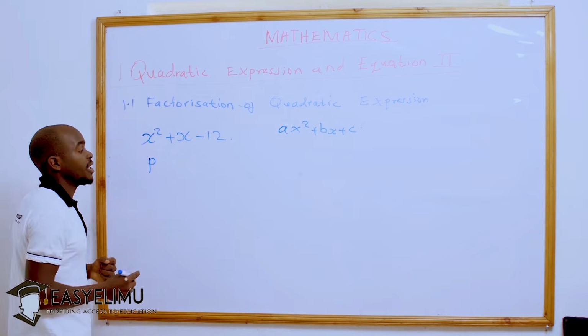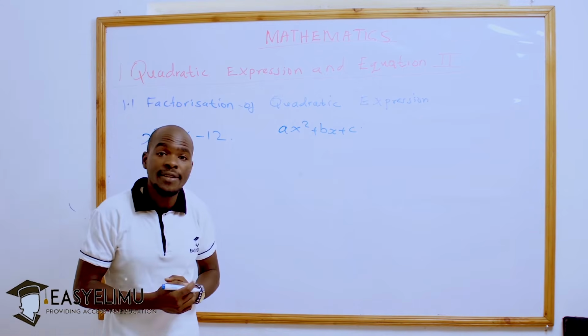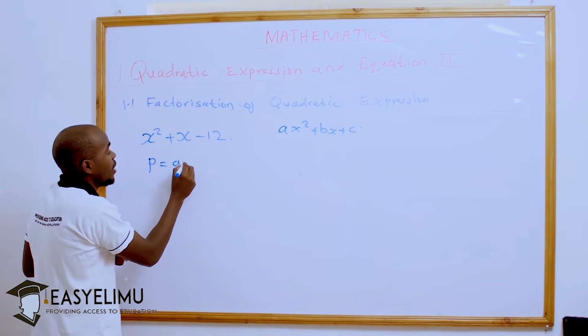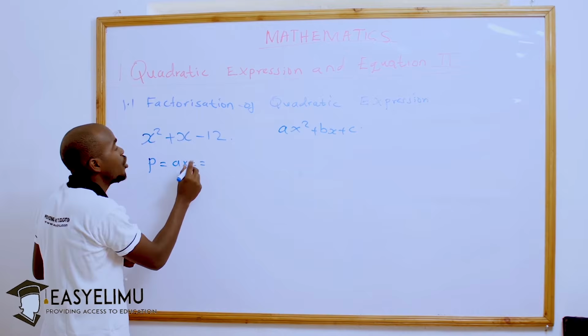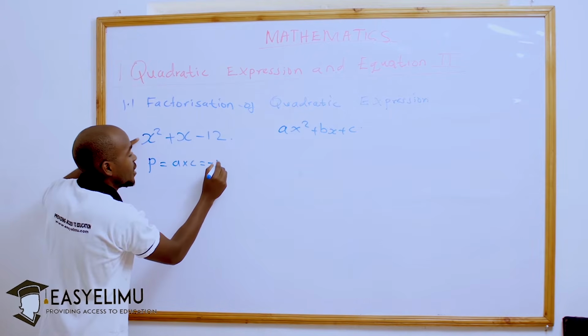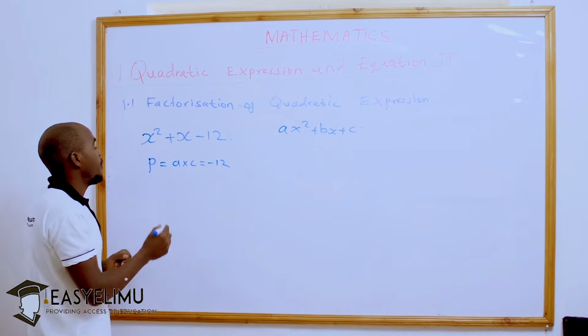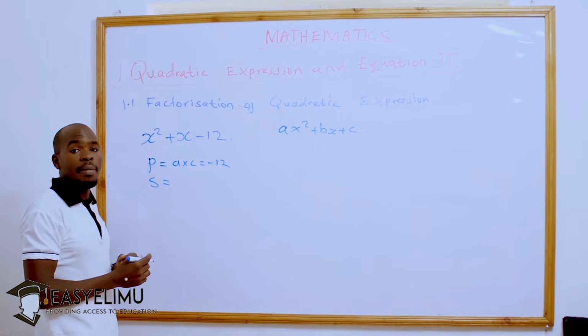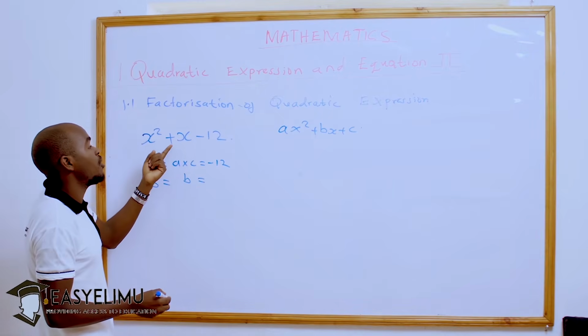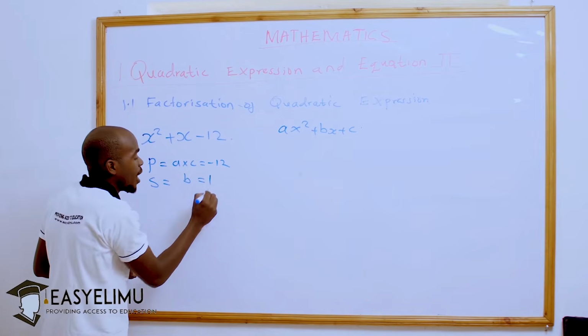If you multiply a by c, it is going to give us negative 12 multiplied by 1, which is negative 12. If you find the sum of the two numbers, it will give you the value of b, and for our case here, the value of b is positive 1.